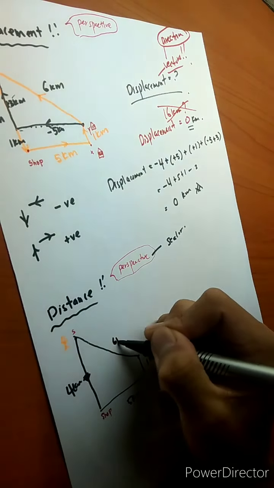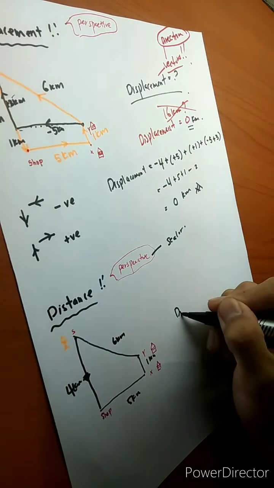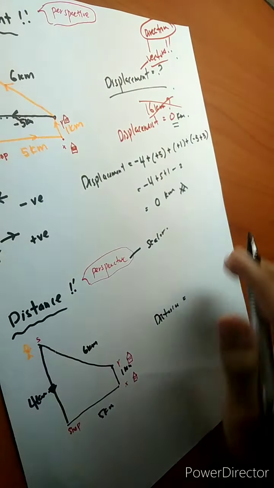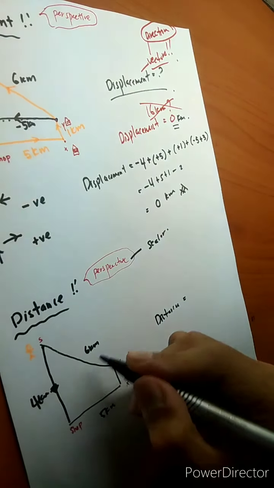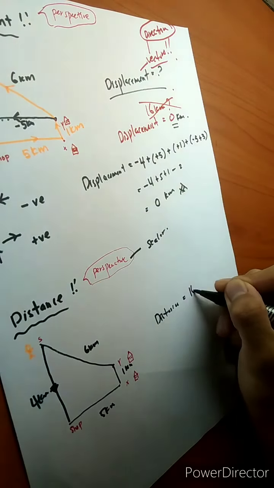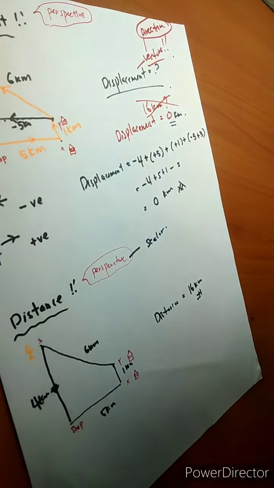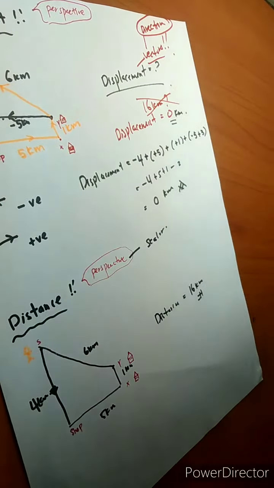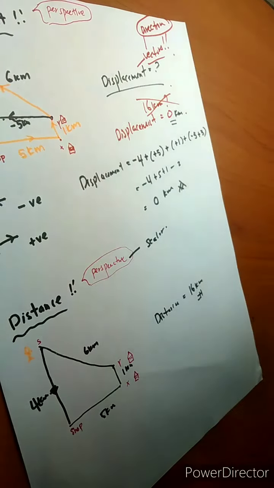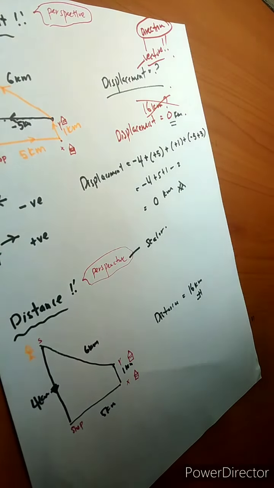So this is 6 kilometers. So distance is simply when you add them up: 6, 4, 1, 5 added up to become 16 kilometers. That's basically how you could see vectors from a different perspective.